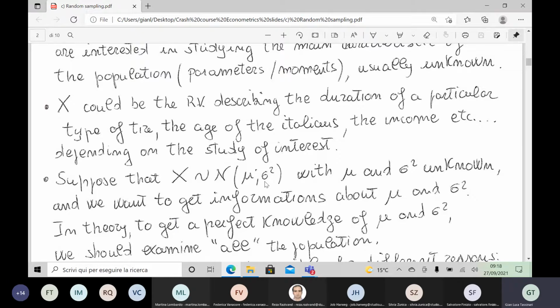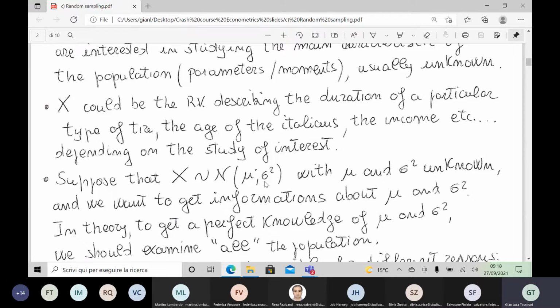But due to cost and technical problems, and due to the fact that sometimes it's not even possible to define the population very precisely, for example, consider the tires of Pirelli, which is the population? The population continuously changes because new tires are continuously produced and sold. So what can you do, guys?